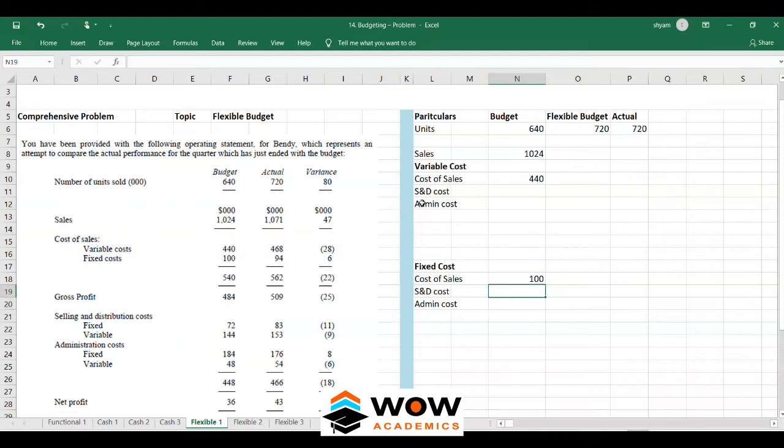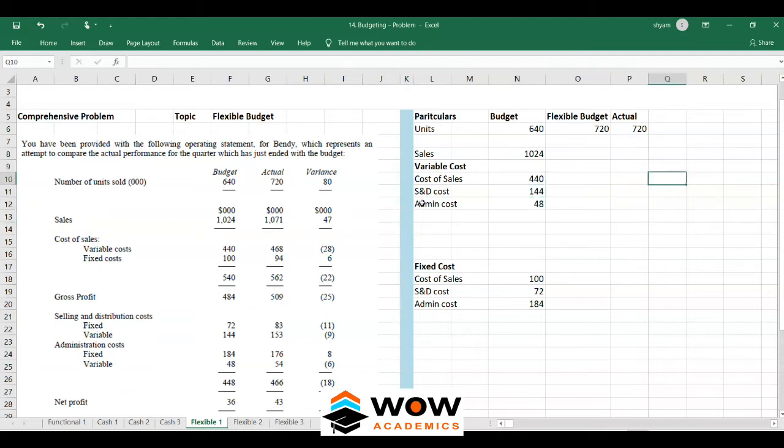So selling fixed is 72 and administration is 184. Selling and distribution variable is 144. And administration cost variable is 48. So we got all the numbers here.